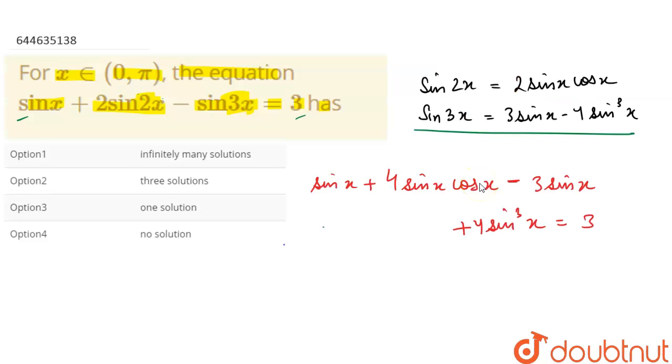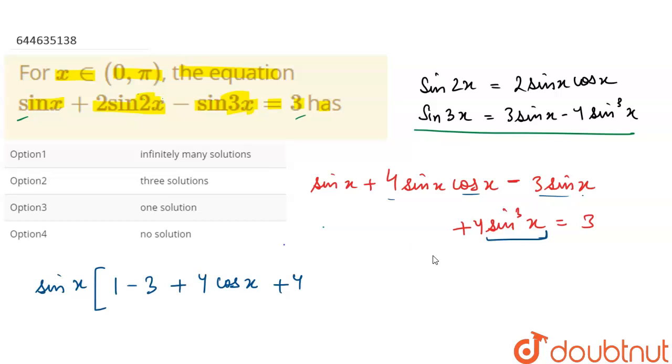Now what we will do, we will take sin x common. Because we can see sin x is in each and every term, right? So taking sin x common, this will become 1, and here this will become minus 3, and here we have plus 4 cos x, okay, and here we have plus 4 sin square x, right?